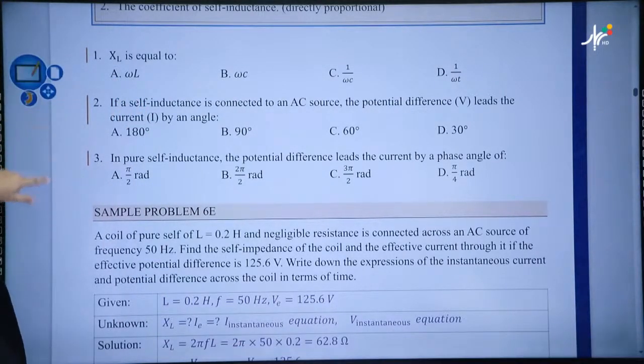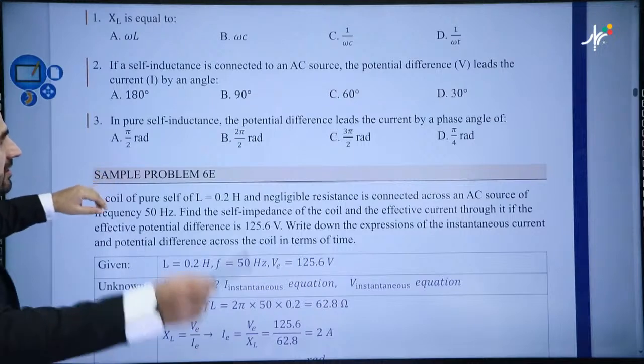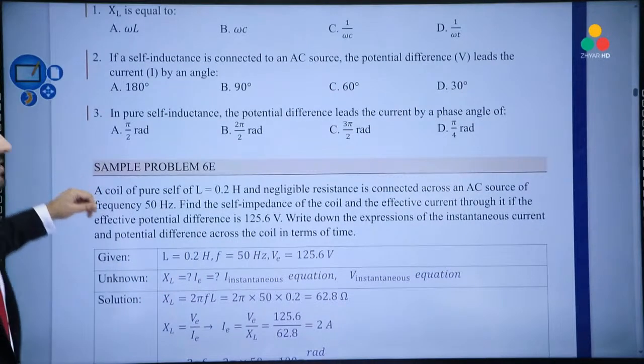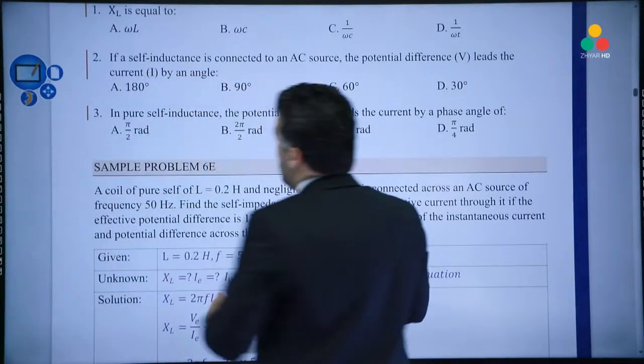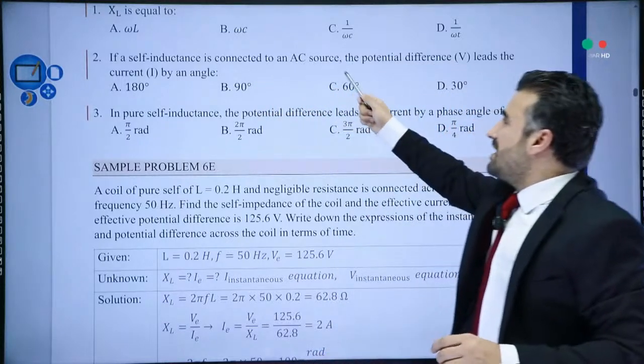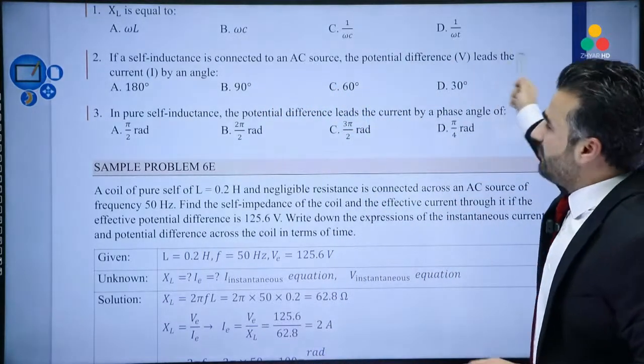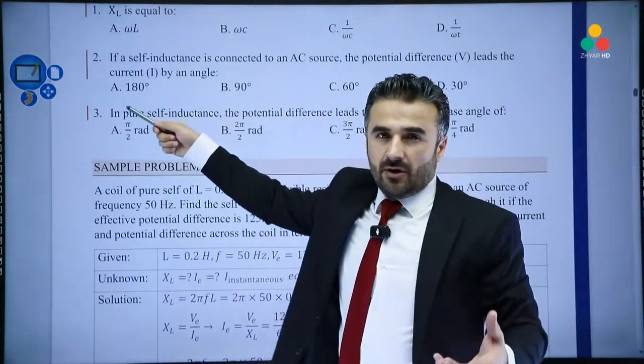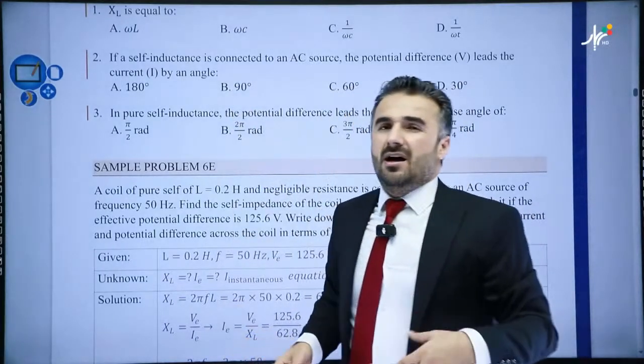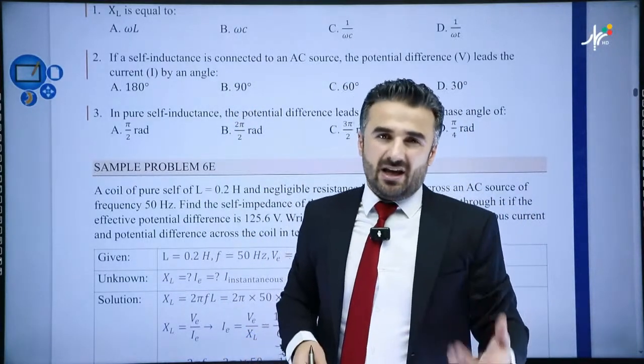Now, it says if a self-inductance is connected to an AC source, the potential difference, the voltage, leads the current by what? Is it 0, 90, 180, what is it?